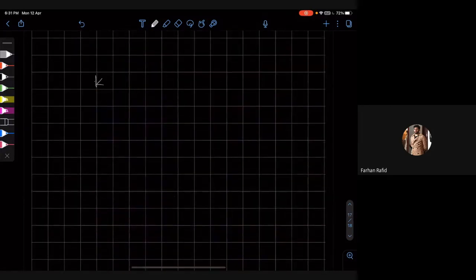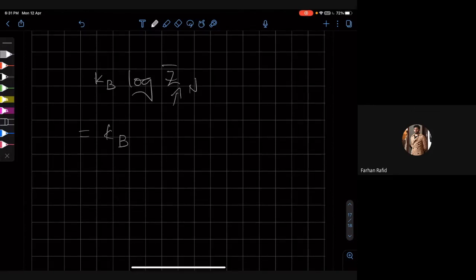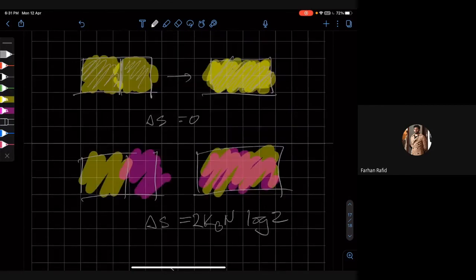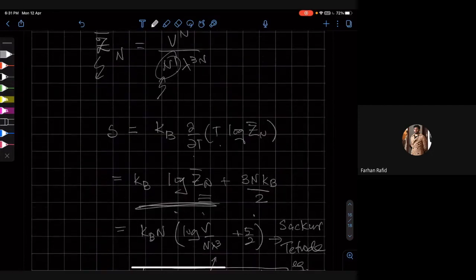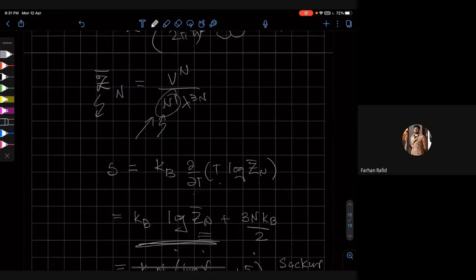So we have Kb log of Z bar n, and if you look at the log, here we have a factorial of n in the denominator, right?